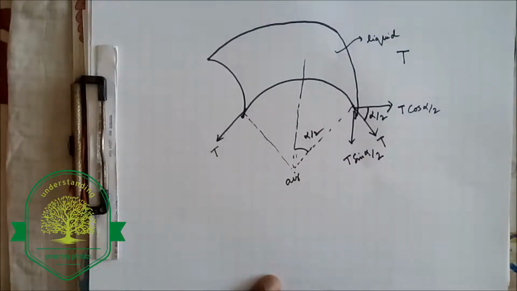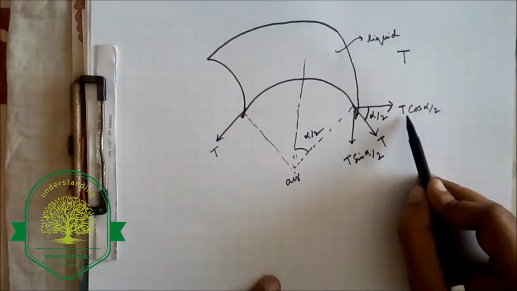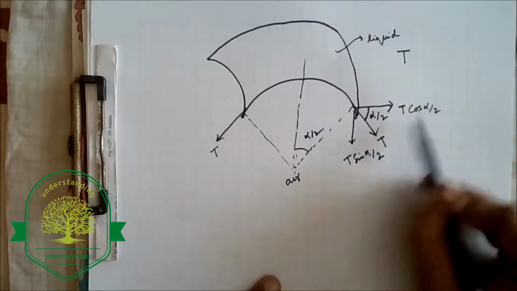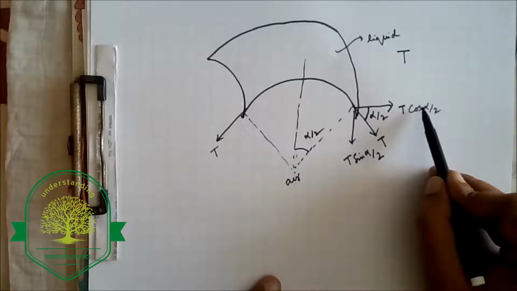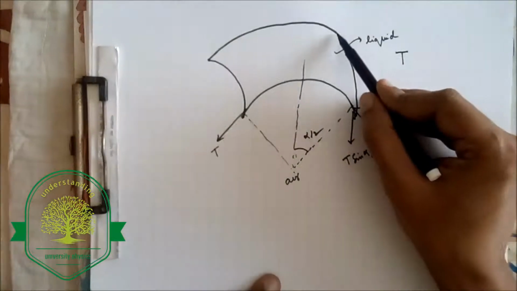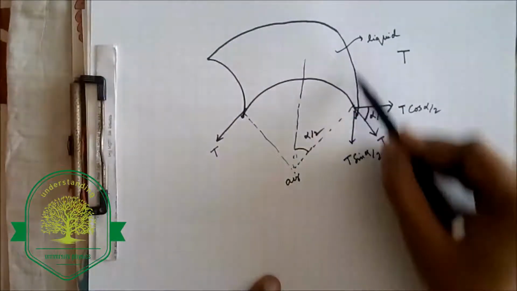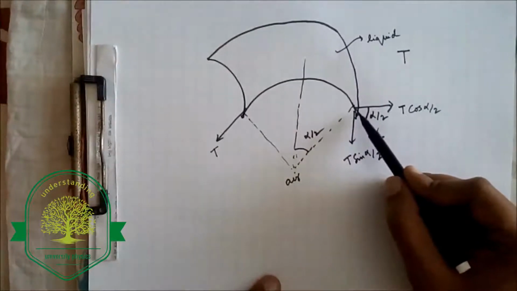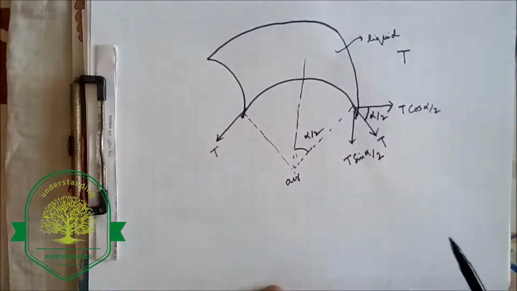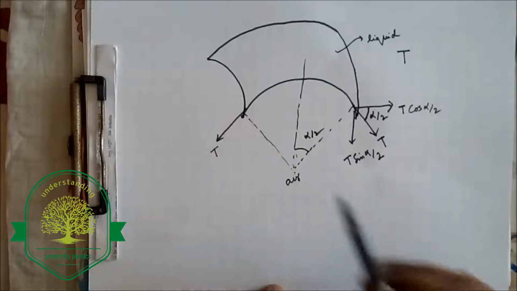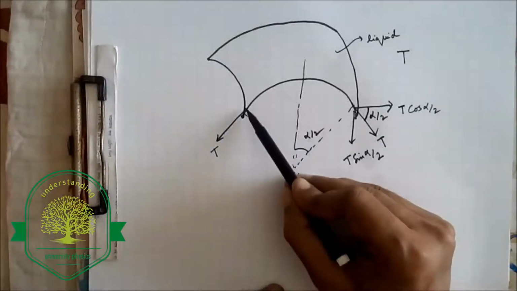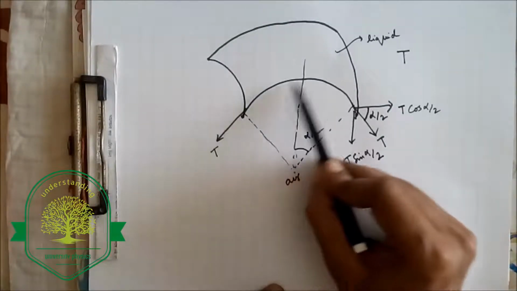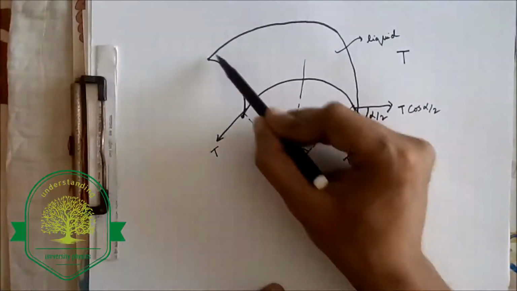Now notice one thing, I am dealing only with force per unit length. To get the force on the entire side, I will have to multiply it with the length of this side. You will have to notice that the T forces which are tangential to this side are actually perpendicular to this side.